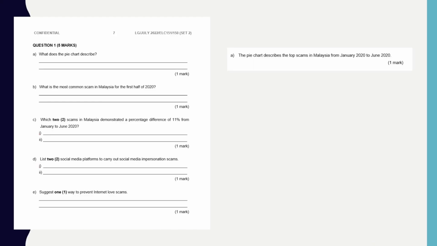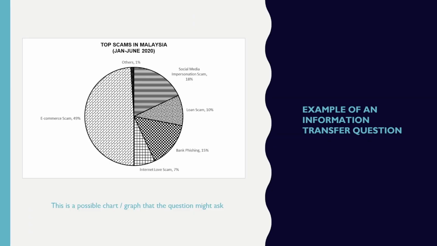Okay, and then which two scams in Malaysia demonstrated a percentage difference of 11% from January to June 2020? So demonstrated a percentage difference, meaning that their numbers, when subtracted, give 11. So go back to the chart, look at each part, try to subtract one from another.